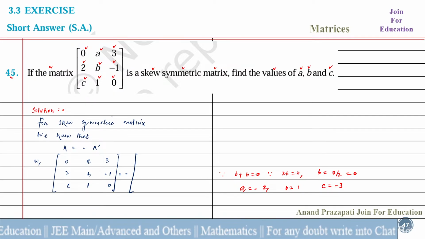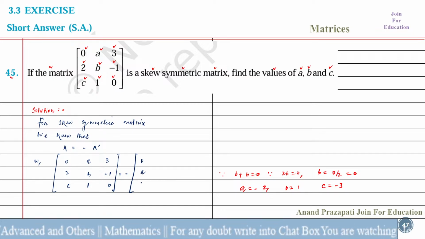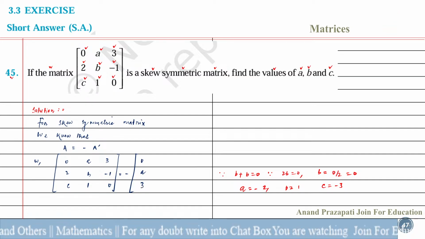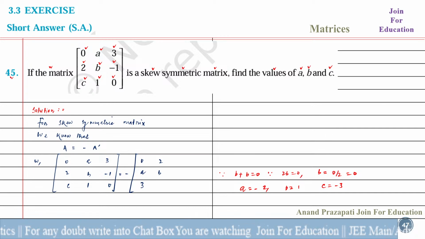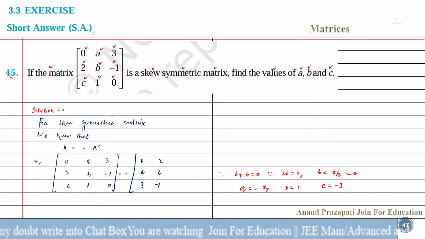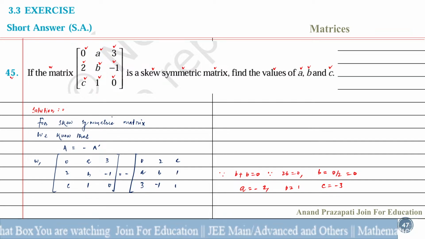So the first row will be the first column, so 0, a, 3. Second row will be the second column, 2, b, minus 1. Third row will be the third column, so c, 1, and this is the 0.